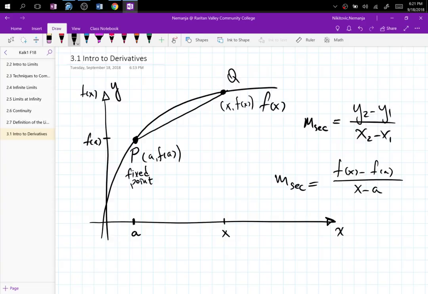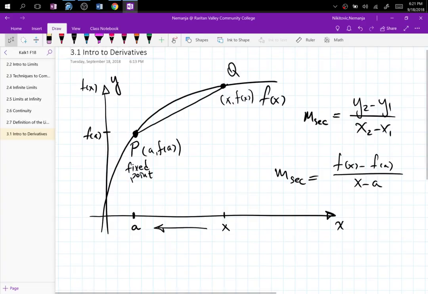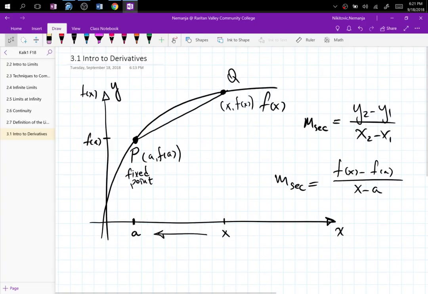And now I want to do something. I want to let this x go to a. Remember how we are allowed to move things in calculus? So that means I'm actually sending this point Q to P. Well, that point Q is going to travel through time, and we can take snapshots of all of these secant lines.